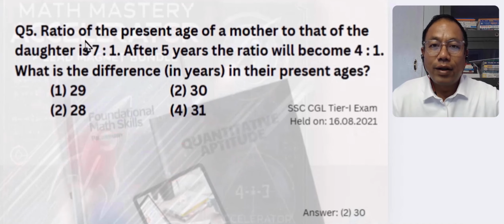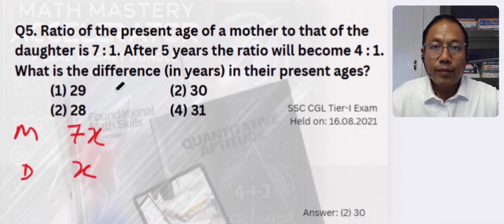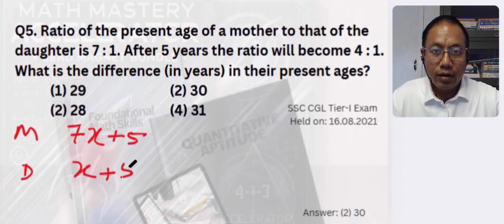Ratio of the present age of a mother to that of daughter is 7:1. Mother's present age is 7x. Daughter's present age is x. After 5 years, the ratio will become 4:1. After means plus. After 5 years, plus 5, plus 5.